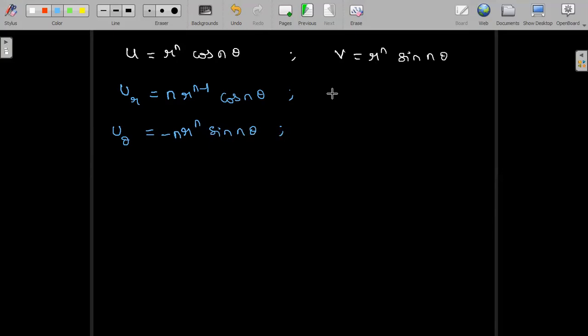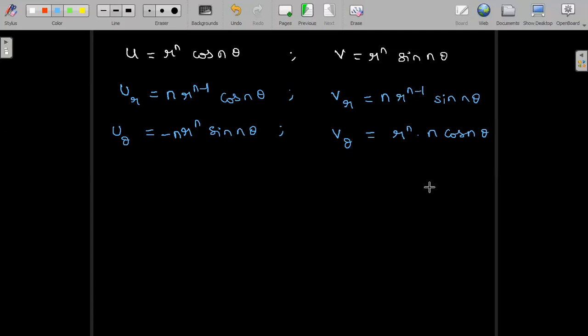Similarly, the expression for v is r power n sin n theta. Let us obtain Vr. Differentiation of r power n is n into r power n minus 1, with sin n theta as it is. With respect to theta, r power n stays, and the differentiation of sin n theta is n cos n theta.